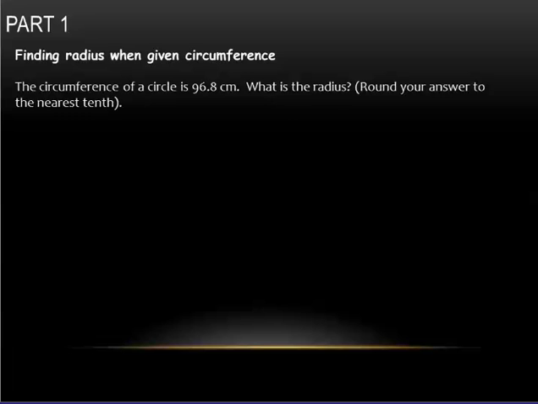Okay. Finding the radius when given the circumference. Now, let me see if I can remember how to do this. There we go, show file transfer. Y'all may have this, but I'm going to send it to you again just in case you don't.